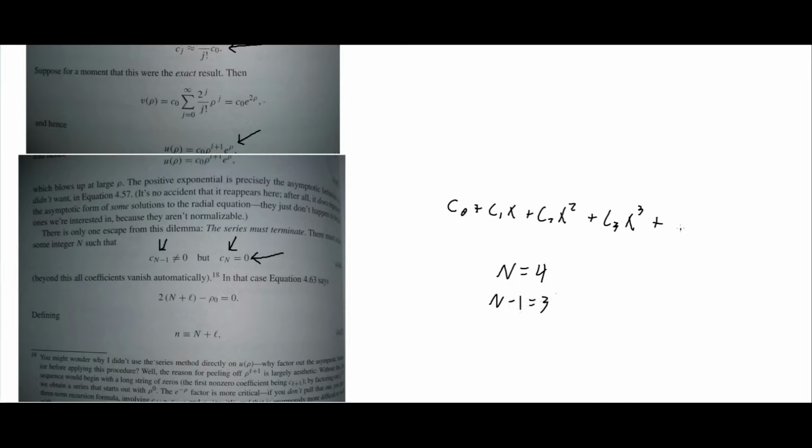But then we're saying that this is 0x4 plus 0x5 and so on. So this all gets crossed off and we terminate here at this big N minus 1.